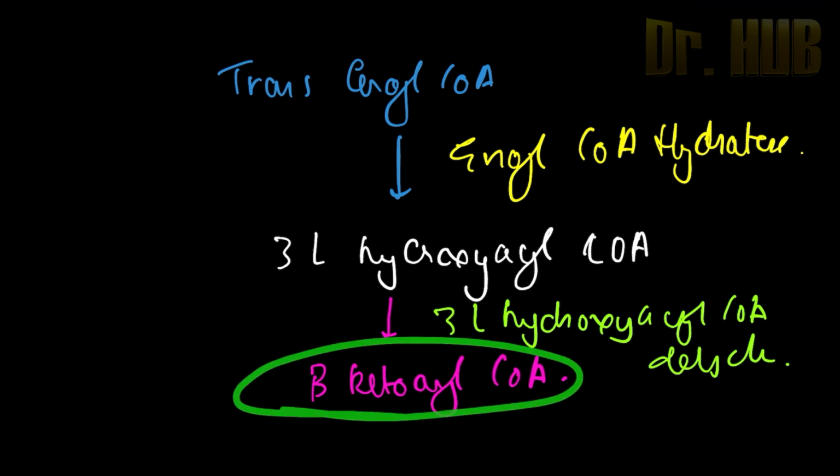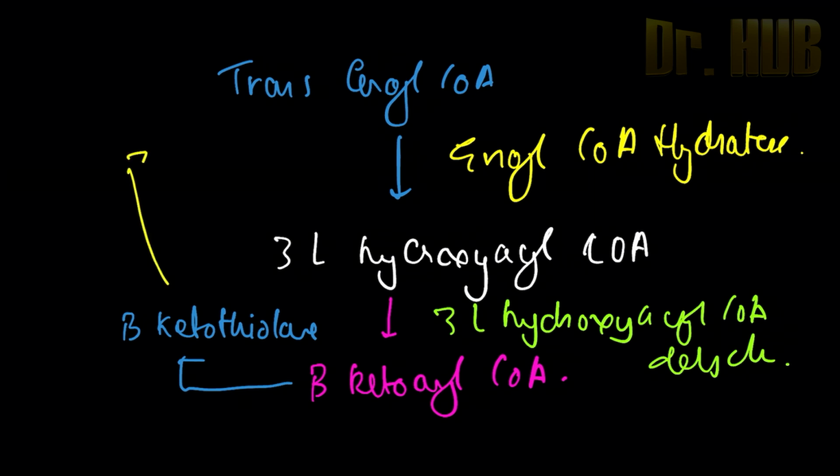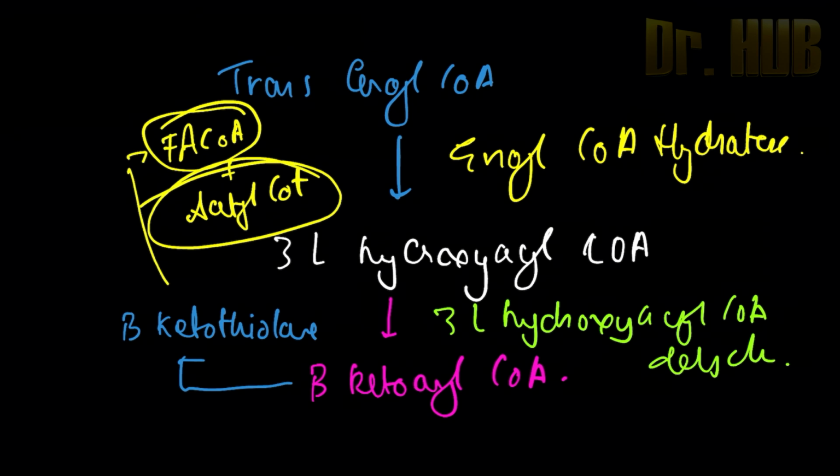After this formation of the beta ketoacyl CoA, finally, in the presence of the beta ketoacyl thiolase, the fatty acyl CoA as well as the acetyl CoA is formed. So these two are formed.